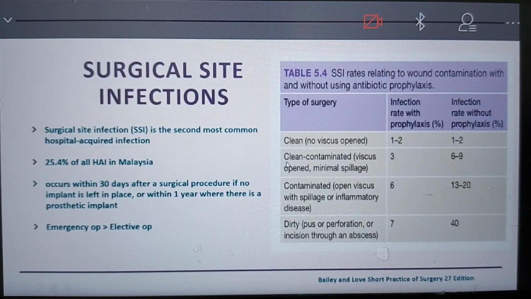In contaminated procedure, the infection rate with prophylaxis is 6%, whereas without prophylaxis it is high, which is 13 to 20%. In dirty, where pus or perforation happens or incision through an abscess, with prophylaxis, the SSI happens only 7%. Without prophylaxis, 40%.